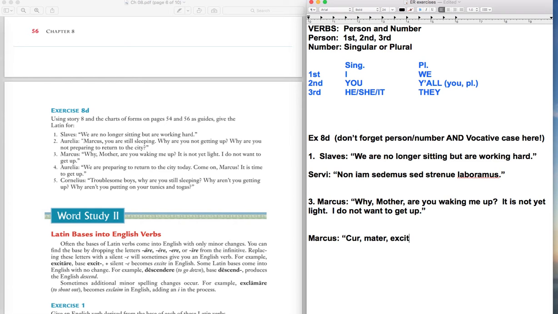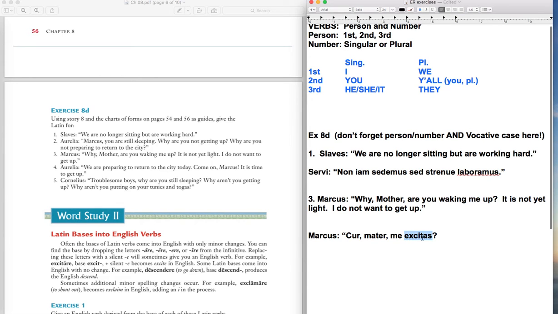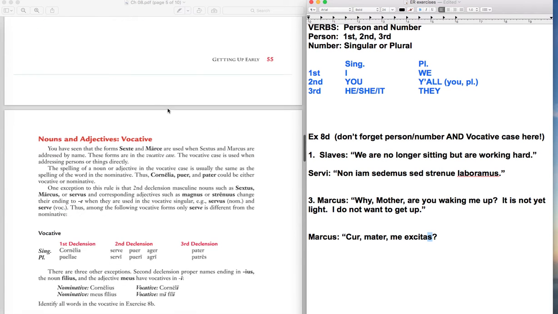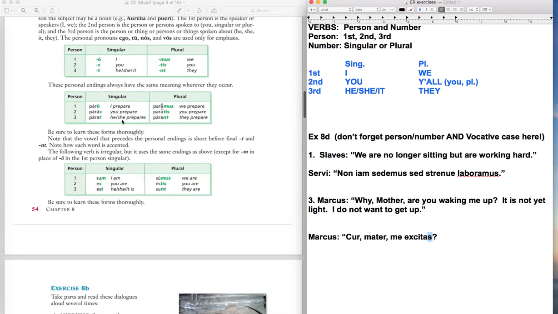Excitare is the infinitive, but we have excitas. And why? To wake up someone is excitare, but here we have s. Why? Because it is second person singular.